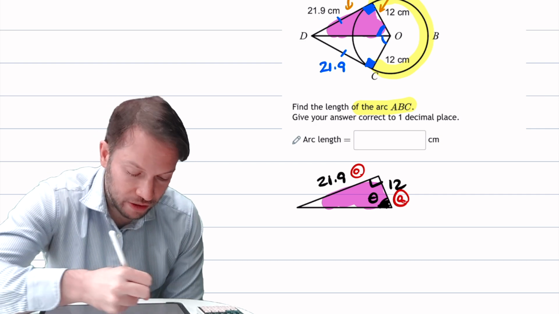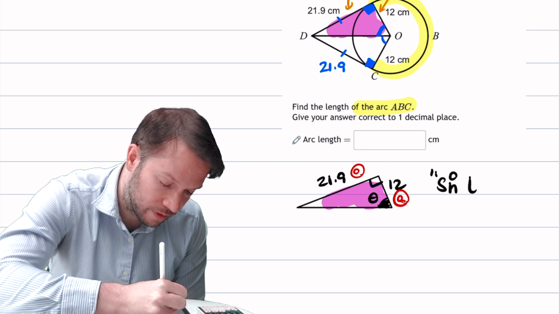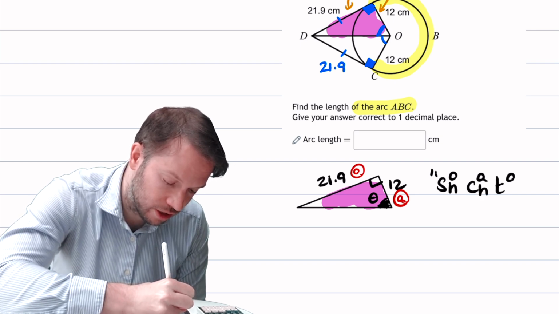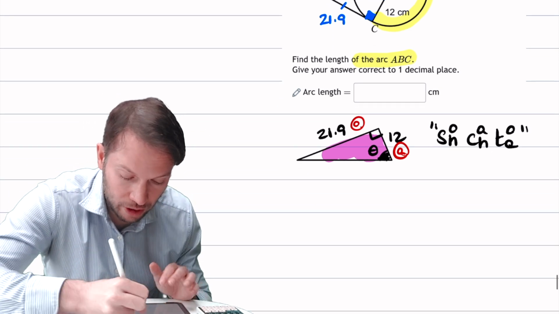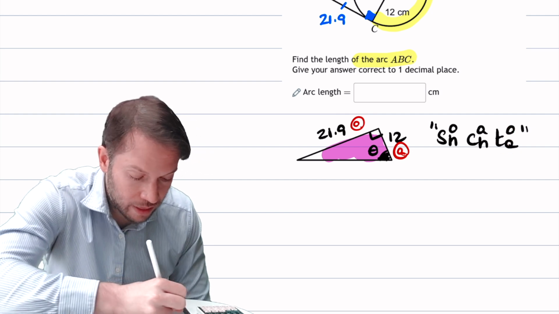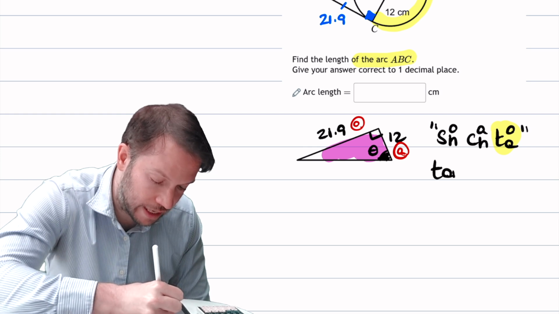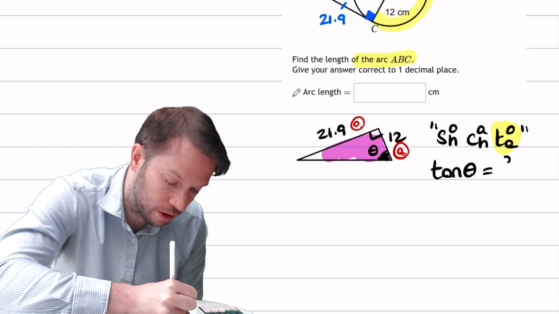And then remember, we use SOHCAHTOA to work out what trigonometric ratio we're going to use. We've got the O and the A, so it's going to be this one here with the O and the A. That is short for tan of theta. T is short for tan. So tan of the angle of interest, theta, is equal to O over A.